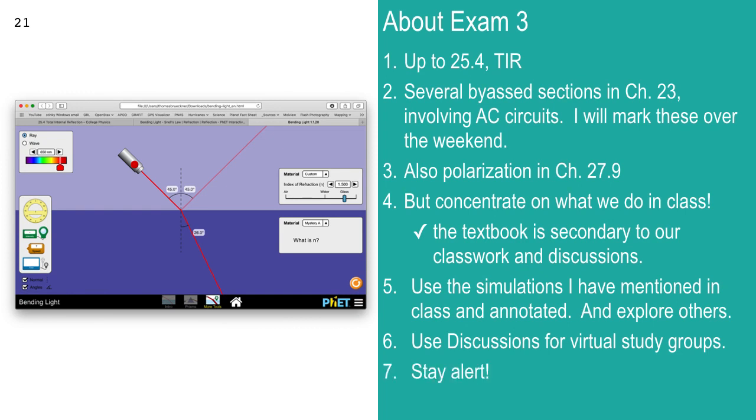Now, my last 2 comments are the absolute most important. Stay alert. In case I say, oh, I really like this problem. If I post something in discussions, oh, this is a neat diagram.